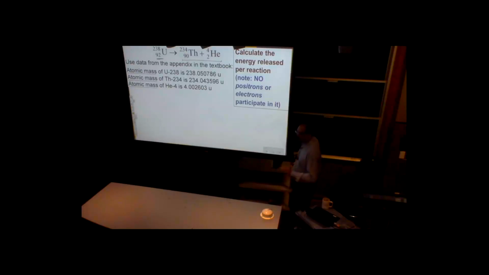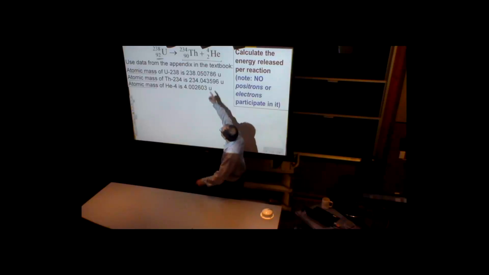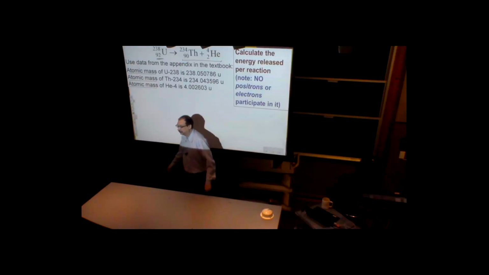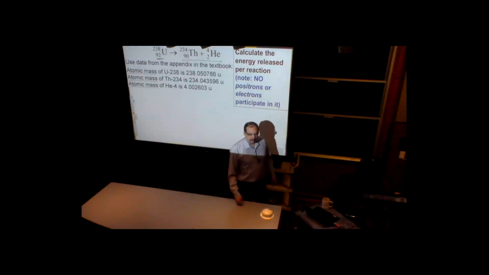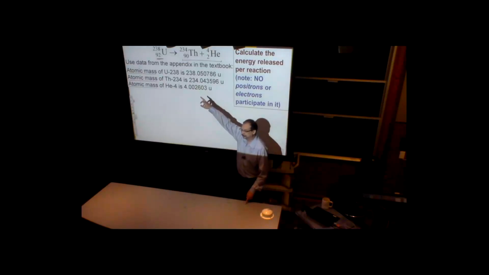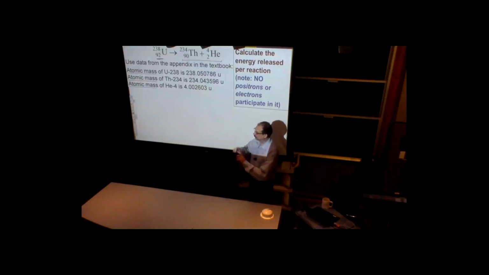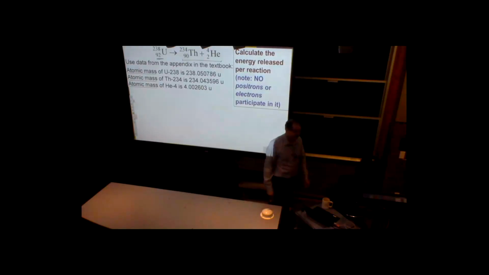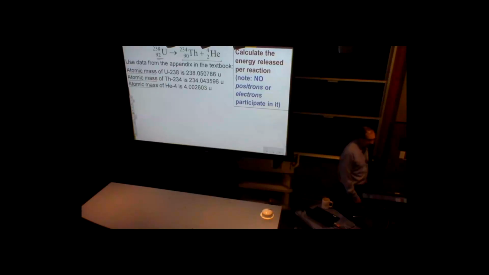And if beta particle is not a part of the reaction, the number of electrons we have to subtract on the left will be equal to the total number of electrons we have to subtract on the right. And electrons will not matter.